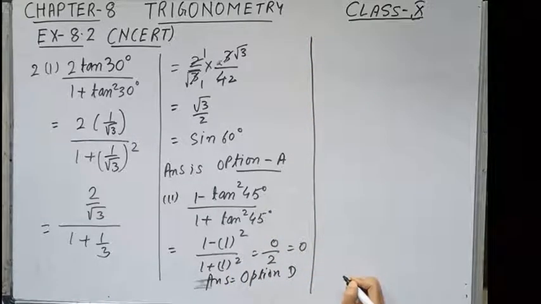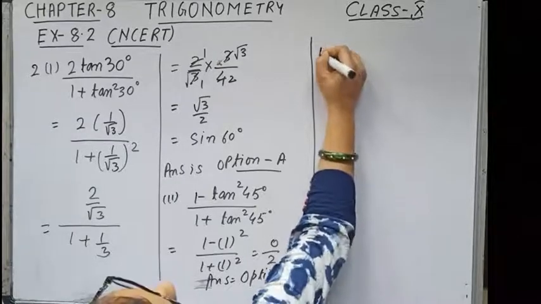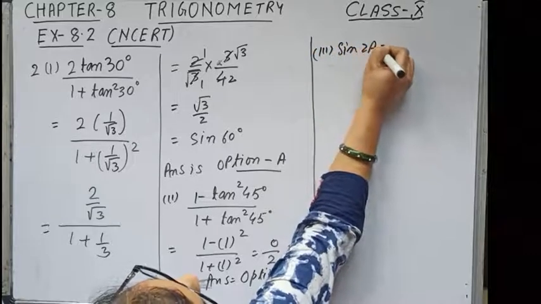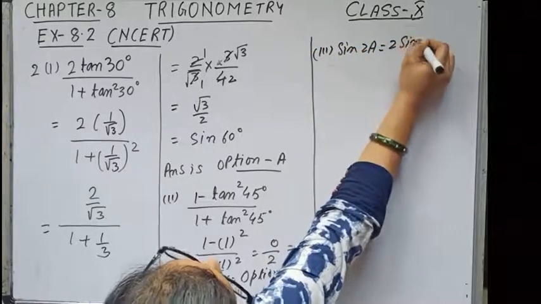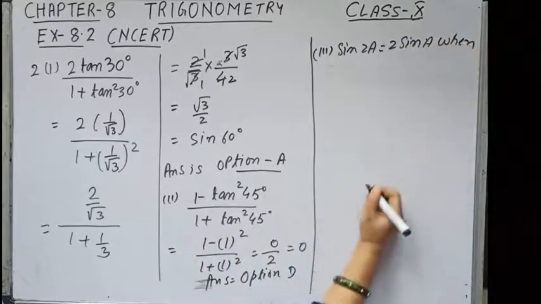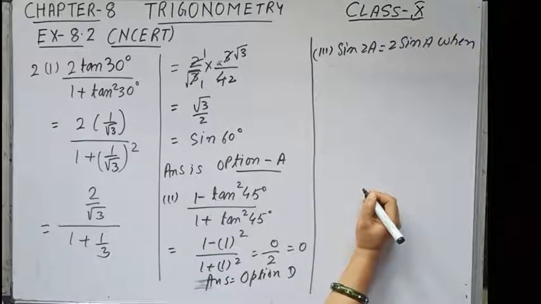Now let us move to subpart number 3. Sin 2A equals 2 sin A is true when A equals 0 degree, 30 degree, 45 degree or 60 degree.